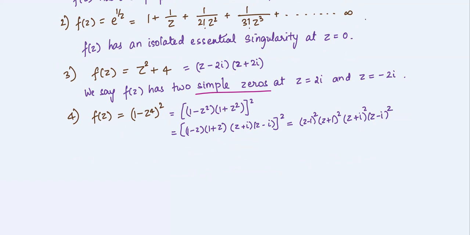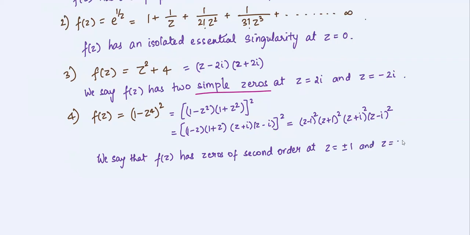So because we were able to write like this, we say that f of z has zeros of second order at z equal to plus or minus 1 and z equal to plus or minus i.